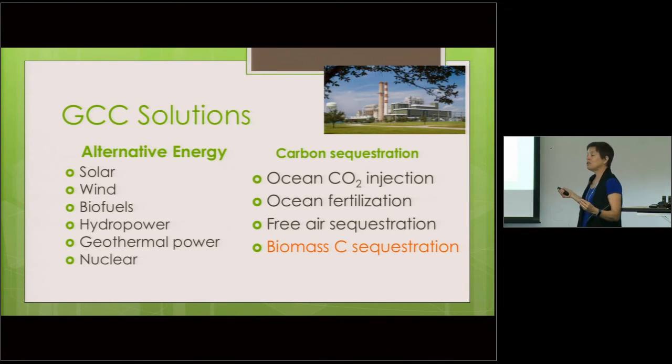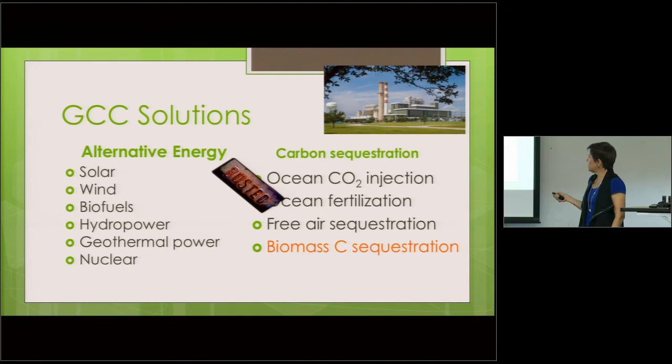So capturing CO2 and injecting it into deep oceans, or fertilizing the oceans so that we get phytoplankton blooms. That stuff uses up CO2, falls to the bottom, taking the carbon with it. Free air sequestration is basically technology for removing CO2 out of the air, turning it into a solid that would no longer be contributing to the atmosphere.